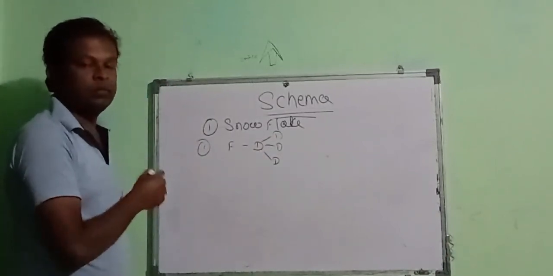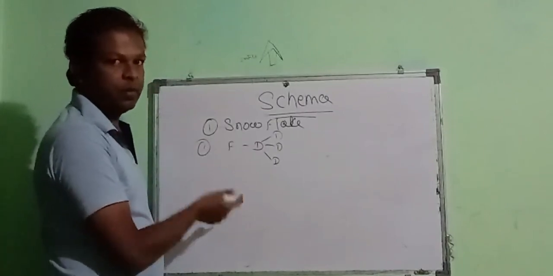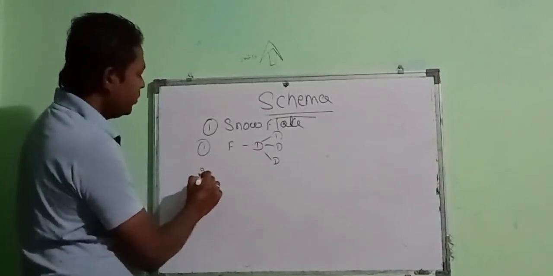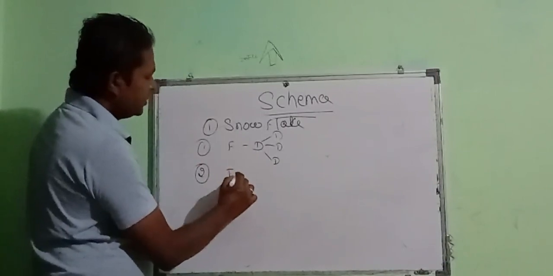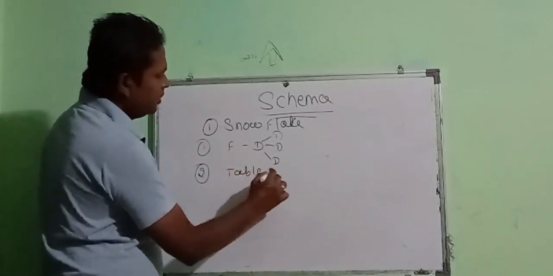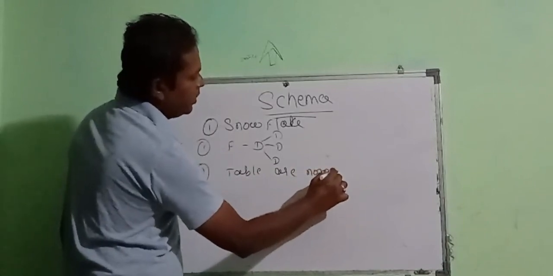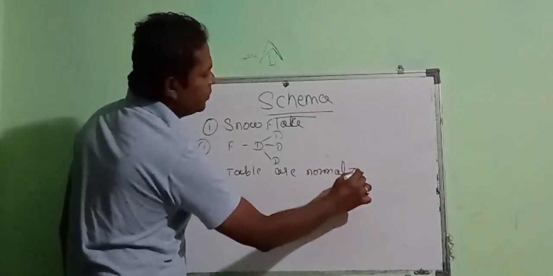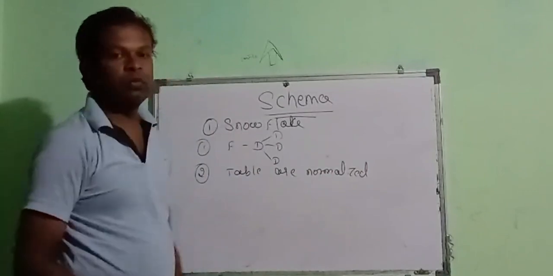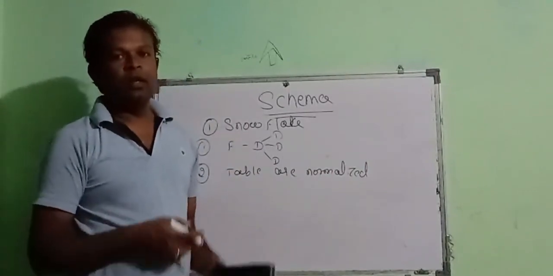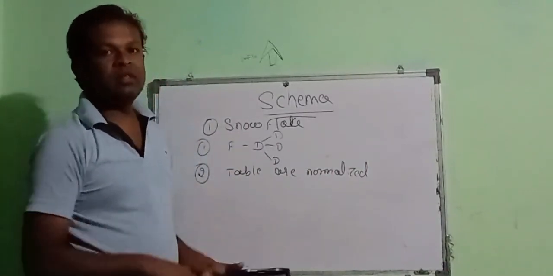This is the difference between star schema and snowflake schema. The second key point is that the tables are normalized. Normalization means dividing a table into more than two tables to minimize redundancy.